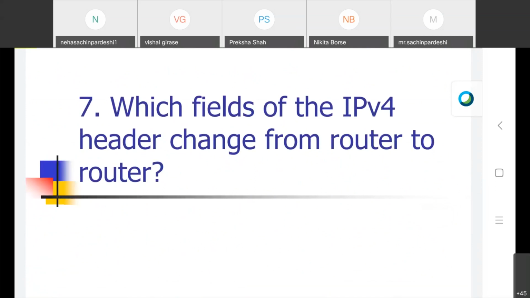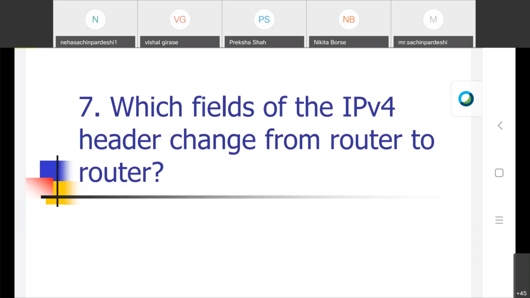Which field of the datagram changes from router to router? So actually, which field changes? Normally, if the datagram is not fragmented and the packet is moving from router to router, mainly the time to live field changes.